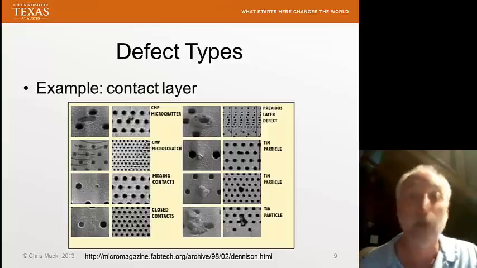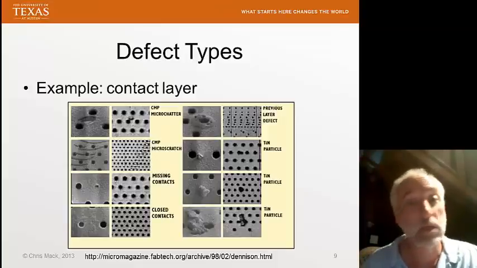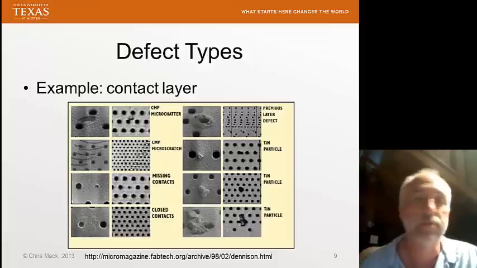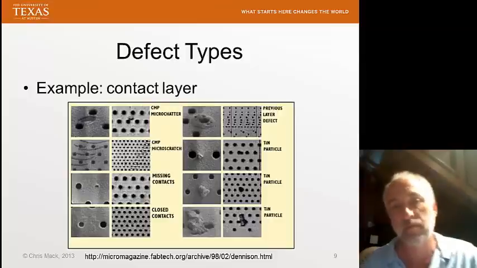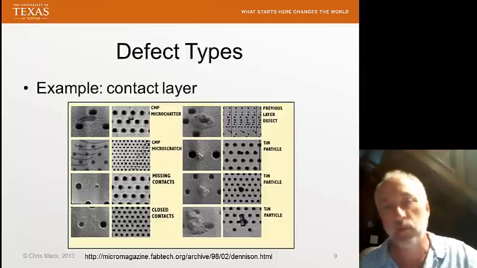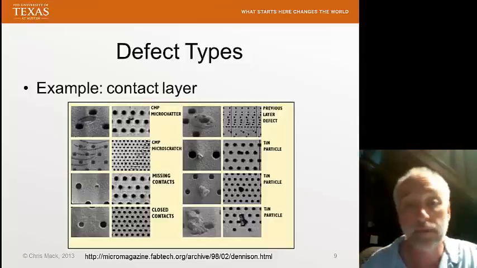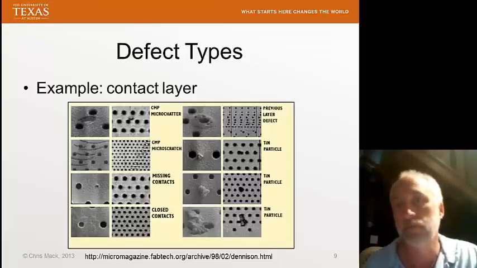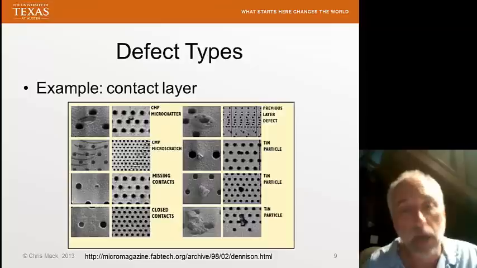There are lots of types of defects. Once we characterize the defects, we will categorize them and put them into bins. We'll count them. We'll find out the numbers of defects that come from this source or that source, and this categorization of defect types will help us identify the sources of defects and eliminate those sources.